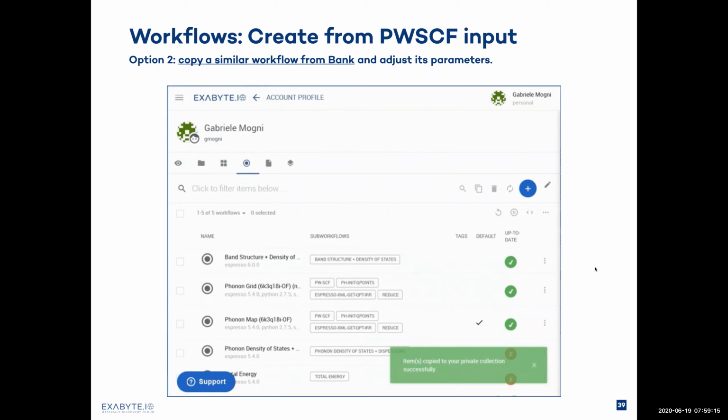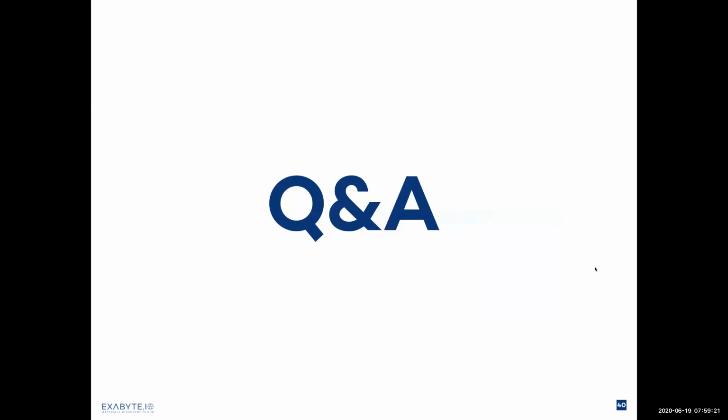As more people are joining the platform, it's likely that they have already been running similar calculations to the ones that you'll be running. And we suggest starting with the workflows bank for any new users. One important note here also is that we suggest using the bank workflows produced by the curators account, because those are curated by the platform administrators, by the exabyte team.